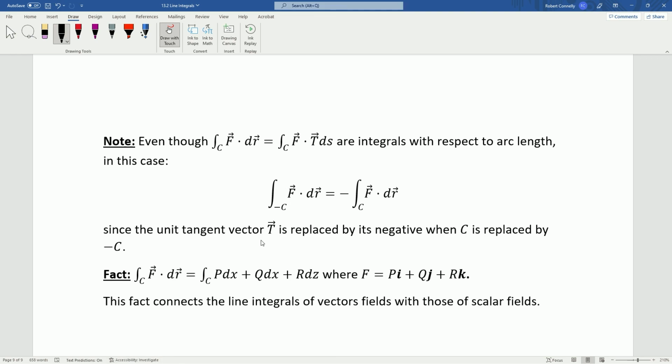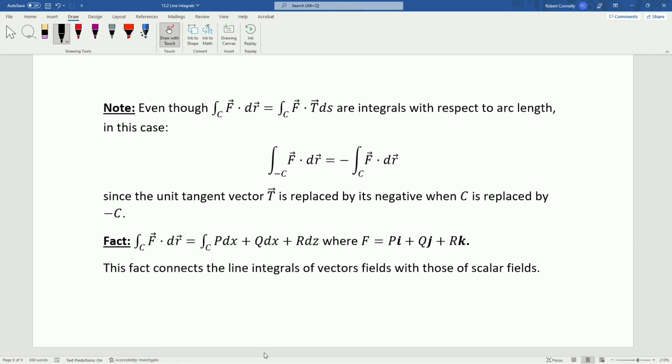All right, and finally, a fact. The integral over C of F dot dr is equal to the integral over C of P dx plus Q dy plus R dz, where F is written as P i plus Q j plus R k.